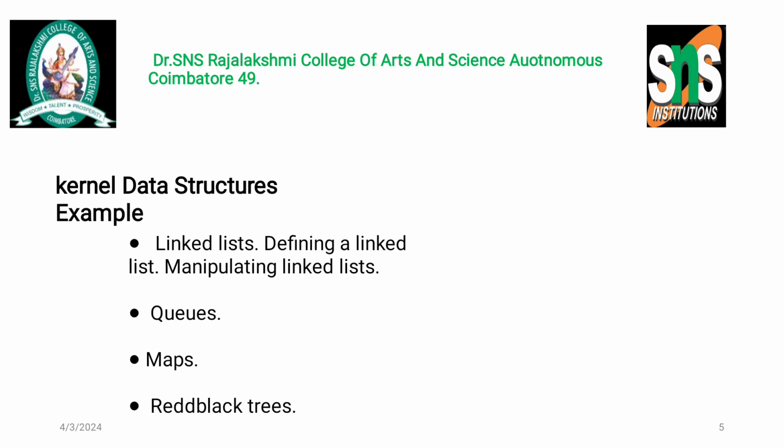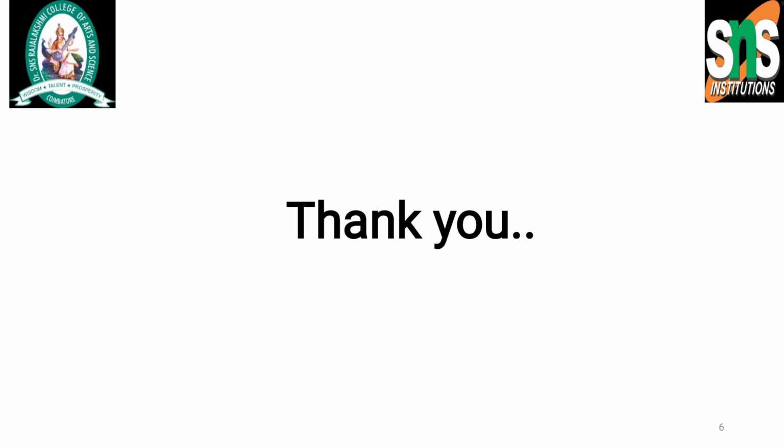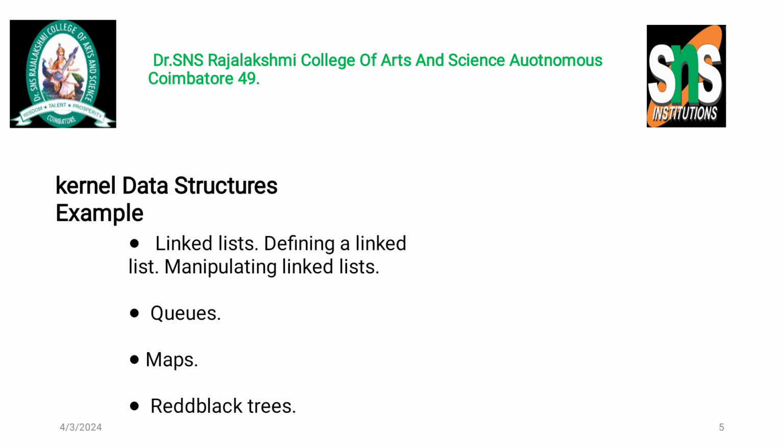These are a few of the data structures used inside the kernel in order to maintain the data inside the operating system. Since we have a number of related data and a number of related processes, we need to store and organize, as well as manipulate, that data. For that, we are using data structure concepts inside the kernel.